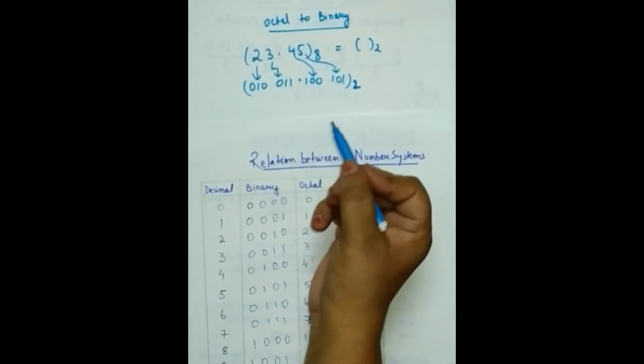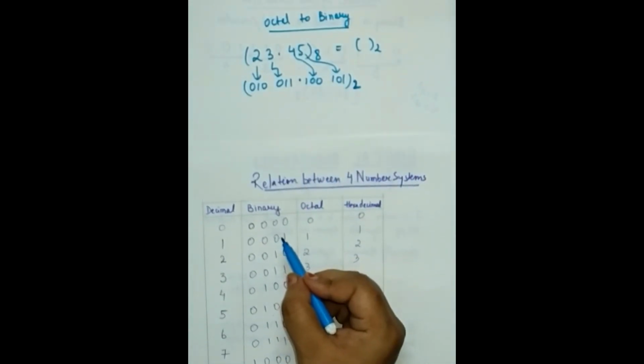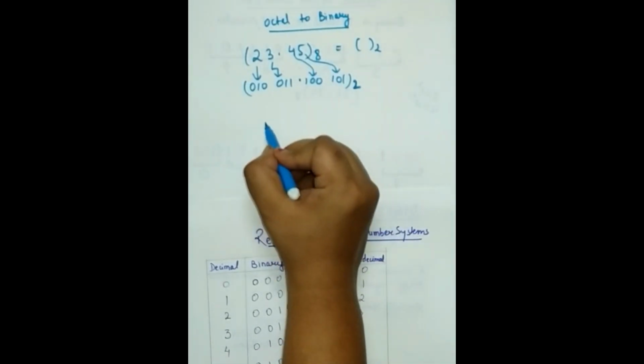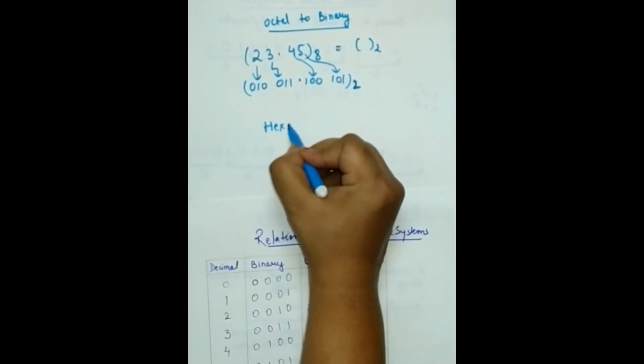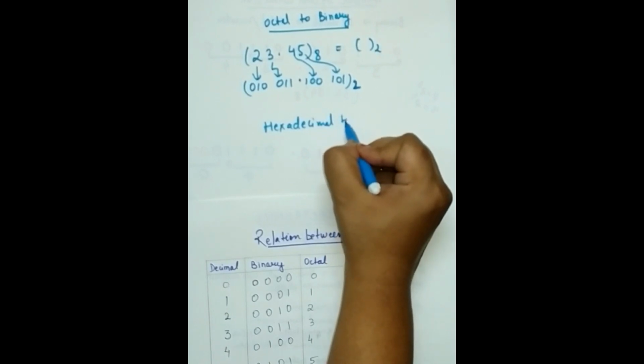Now again, if I have to convert a hexadecimal number system into binary number system, let us take another example. Hexadecimal to binary.